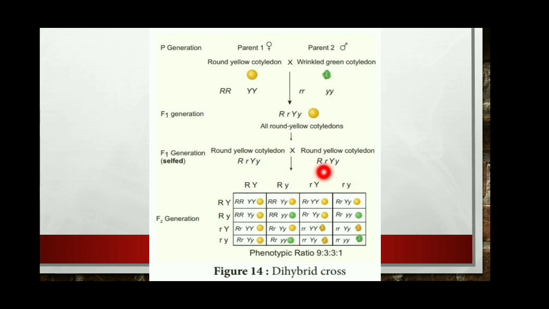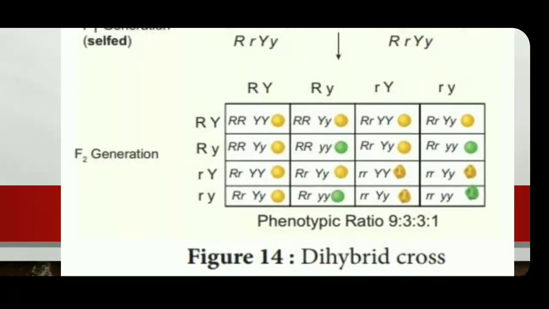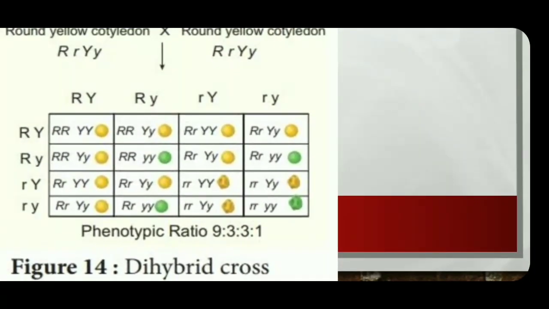The capital R can be combined either with capital Y as well as with small y. So, the possible gametes here are capital R capital Y, capital R small y, small r capital Y, and small r small y. You need not be confused by it. Here, this capital R can be combined with capital Y as well as with small y. In the same way, the small r is there.